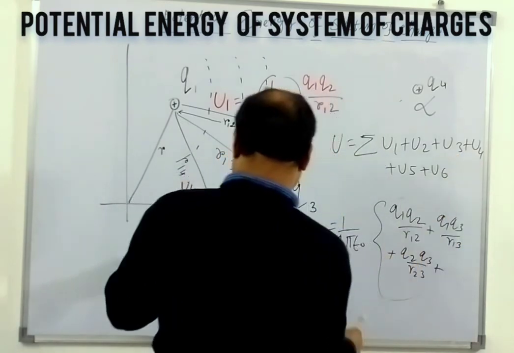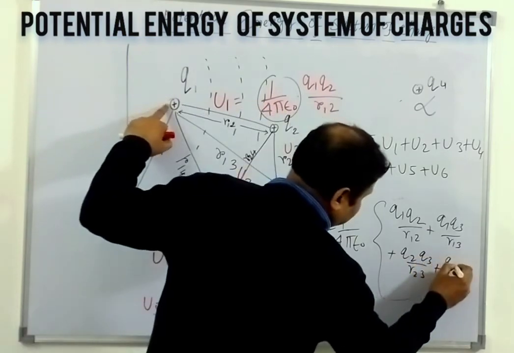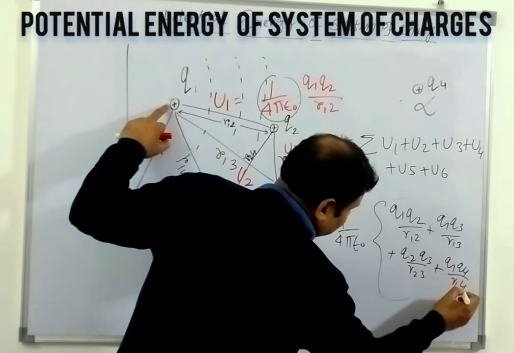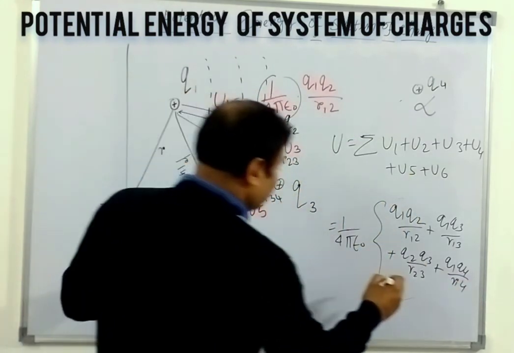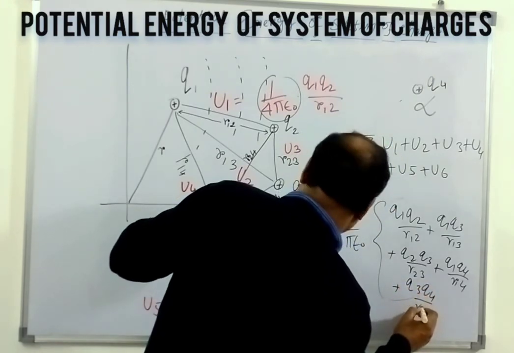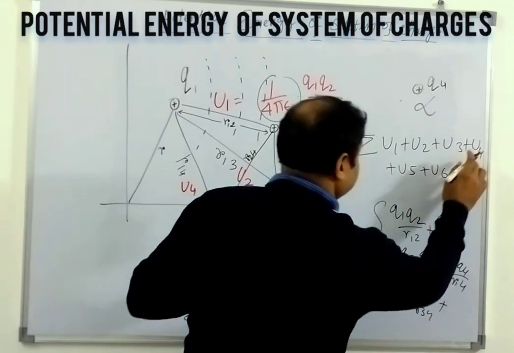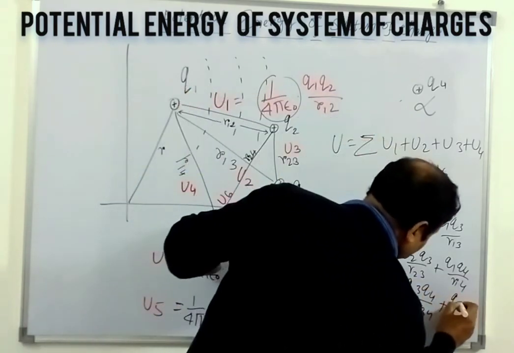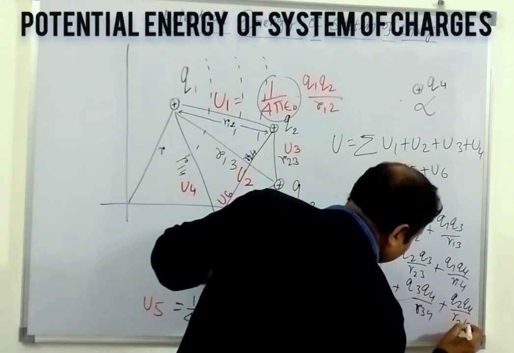Then U4 is between 1 and 4, so Q1 Q4 over R14. Then U5 is Q3 Q4 over R34. Then U6 is between 2 and 4, so Q2 Q4 over the distance we consider, R24.